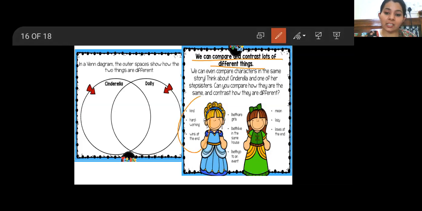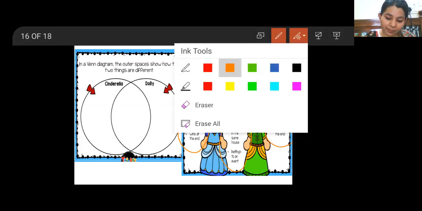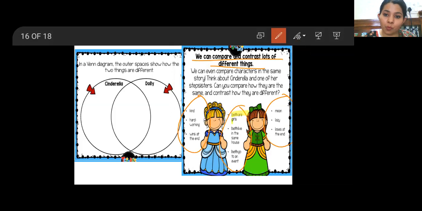These are the things that you have to put in the Venn diagram. I'll just give you one example of it. Here it is written, both are girls. Of course, the common area, both are girls. All right, so like this, all the traits of both these girls you're going to put in the Venn diagram.